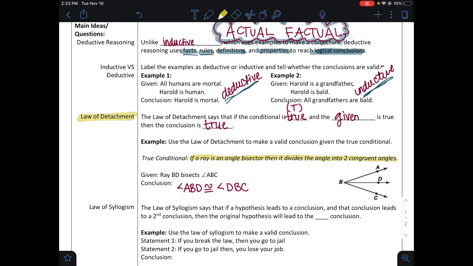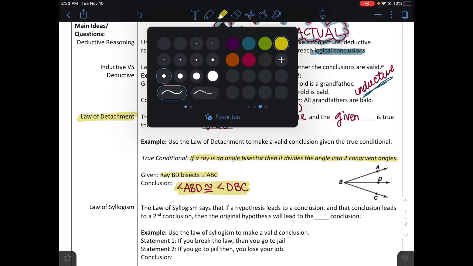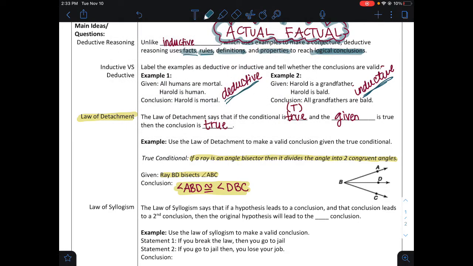So based on that information, if BD bisects ABC, then you can assume that the two angles are congruent. Again, we took this part, angle bisector, okay? It divides it into two congruent angles.